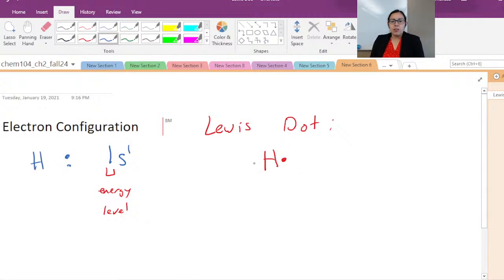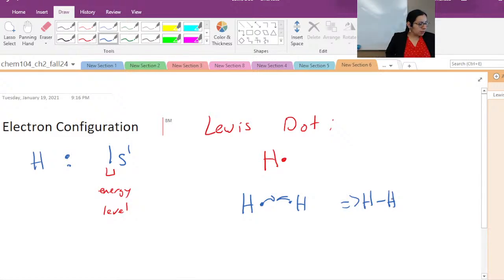You don't really have to know too much about chemistry to notice that it looks a little weird, just a little dot there. It isn't stable like that, so in its elemental form, 2 of them come together. I'm emphasizing how 1 electron from each hydrogen comes together and we make that single bond there. So this electron configuration information is all very useful.